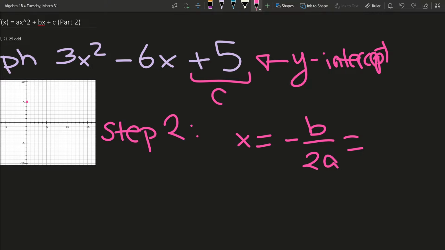And here, let's go ahead and label our a and b real quick. a is going to be 3, and our b is going to be negative 6. Let's go ahead and plug this in now. Our b is going to be negative 6, bring the 2, and our a is 3.